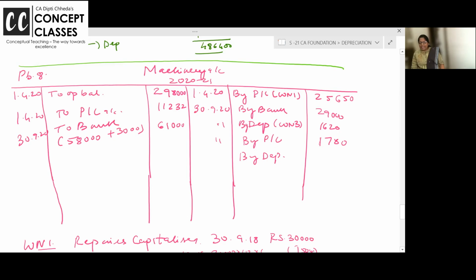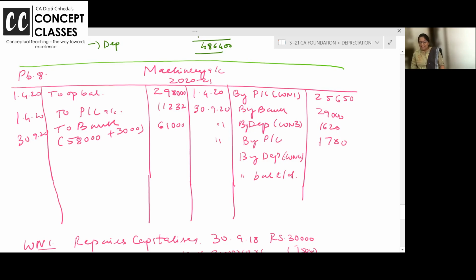See, all these additions were on the first day only, and only this 61,000 was on the next day, right? So now how do you have to calculate the depreciation? We will do it in working note 4 and then we will get the balancing figure.